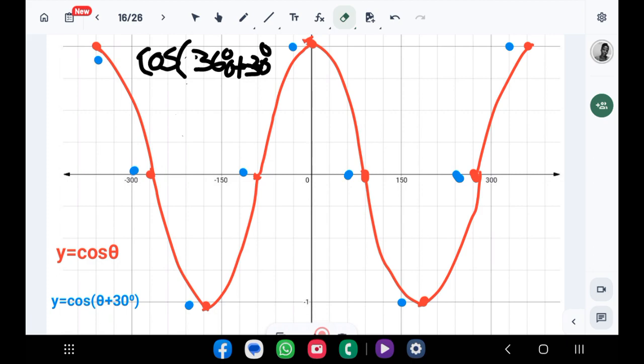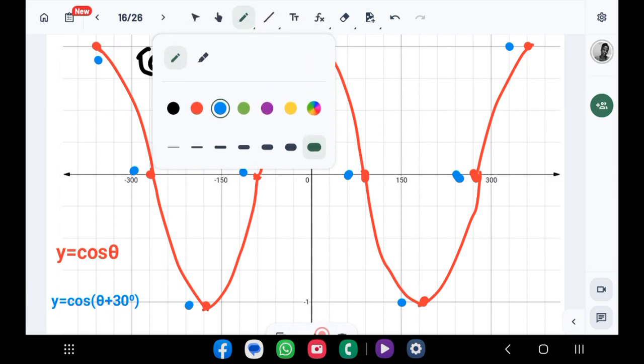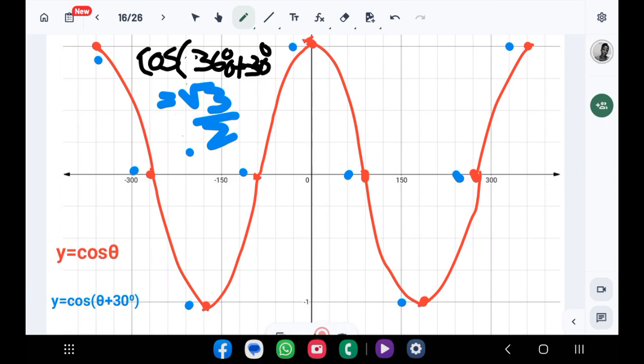Cos of 360 plus 30, those in brackets, equals the square root of 3 over 2 as well. So that's 0.87 as well. So the 0.87 will be exactly on the same point, at the same level as the other one.